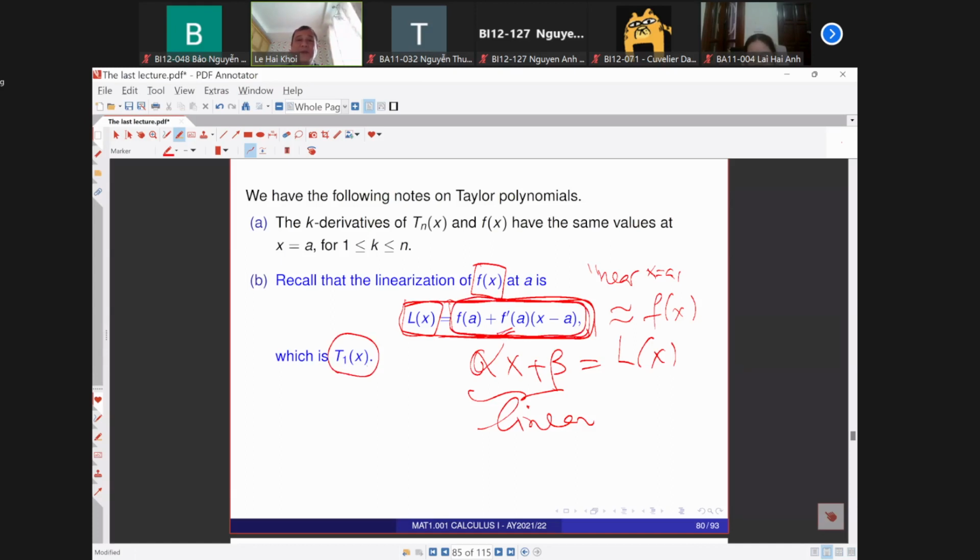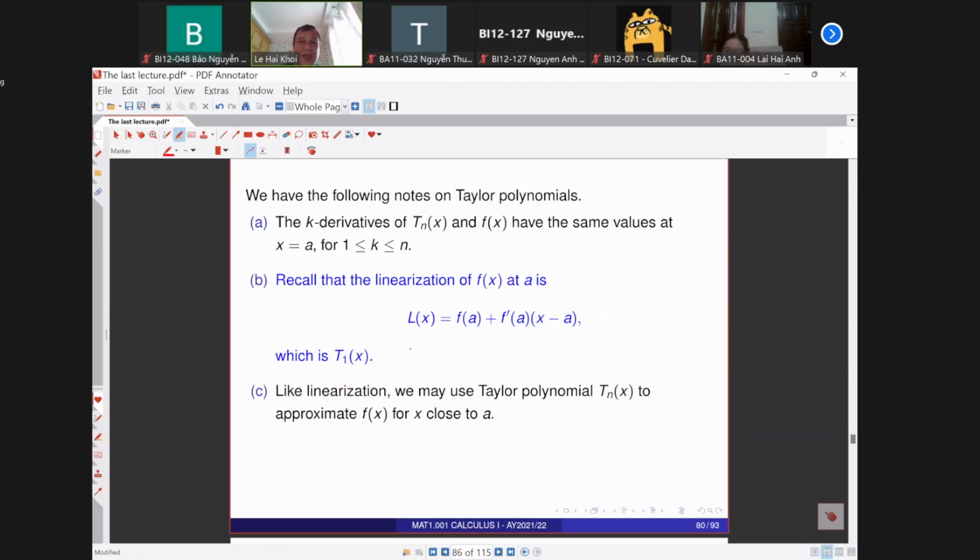So, như vậy là chúng ta thấy rằng cái linearization L(x) chính là T1(x), where T1 is Taylor polynomial of degree 1 of f(x).